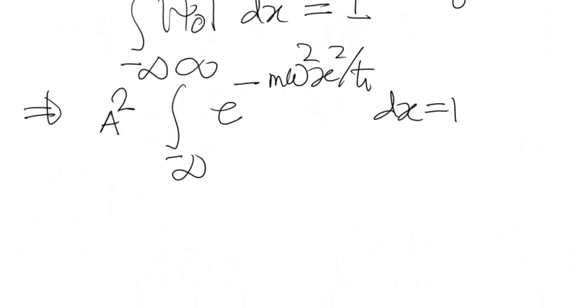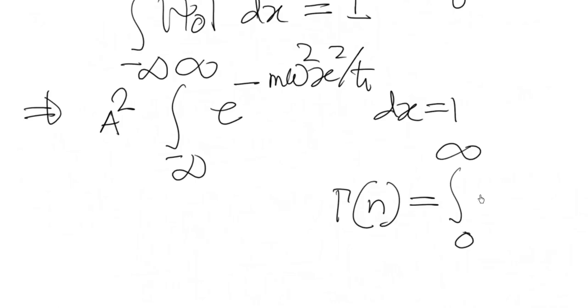Okay, this one can be integrated by applying the gamma function. You know, we have a formula, gamma of n is equal to the integral from 0 to infinity of x to the power n minus 1 e to the power minus x dx.